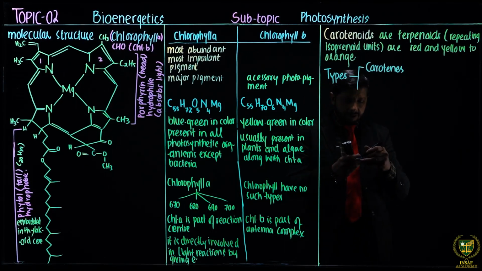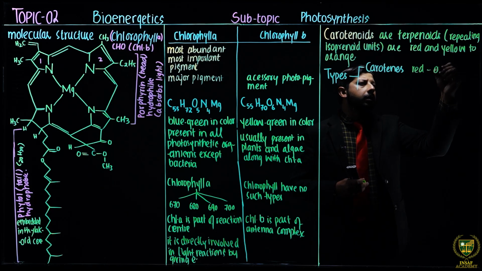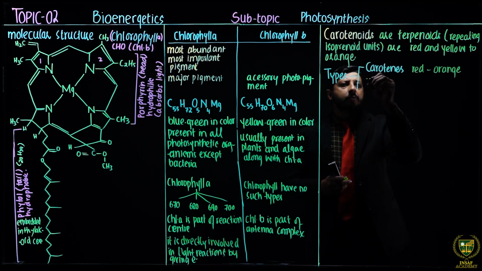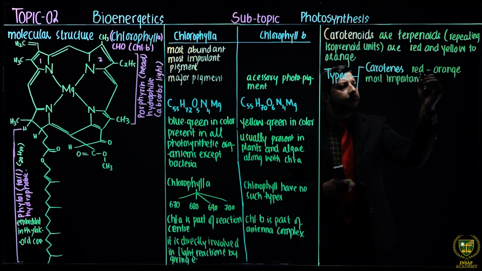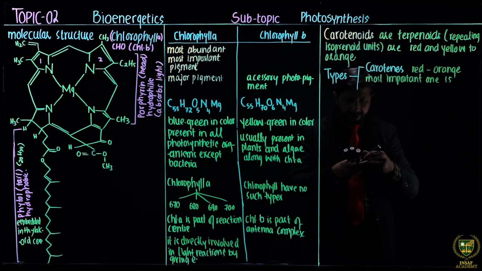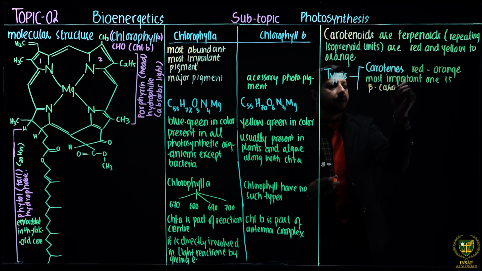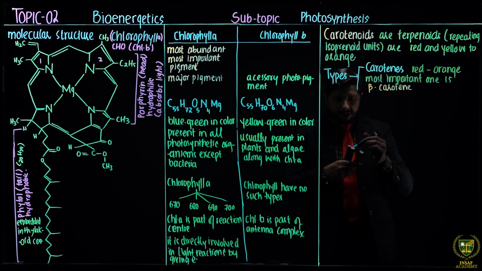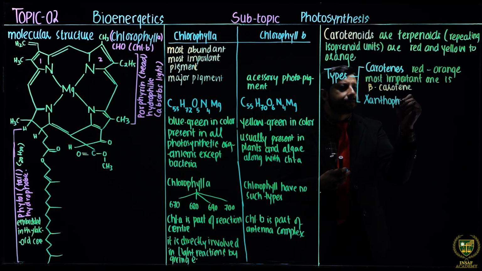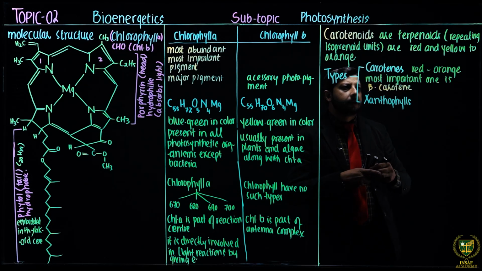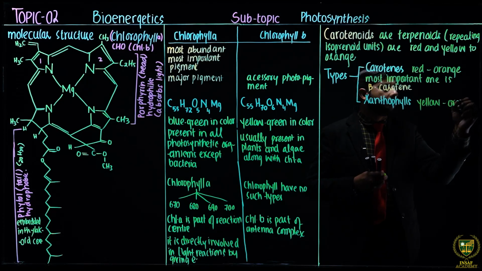Carotenes, which are red to orange, and the most important one is beta carotene. Remember, the most important among the carotenes is beta carotene. And the second one, xanthophylls. So they are yellow to orange.